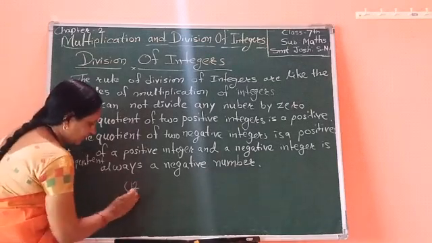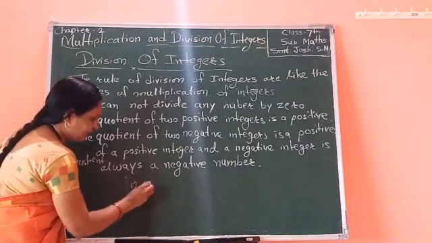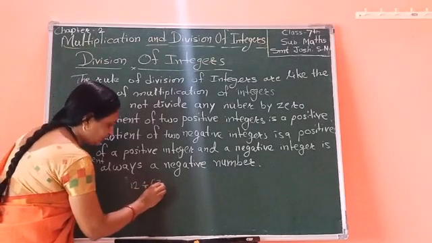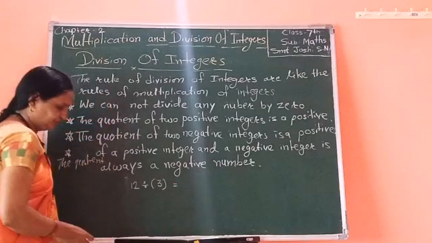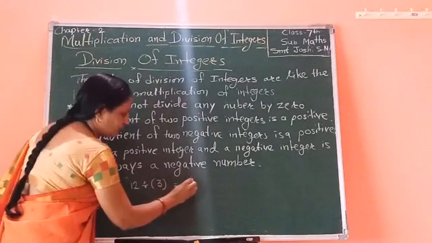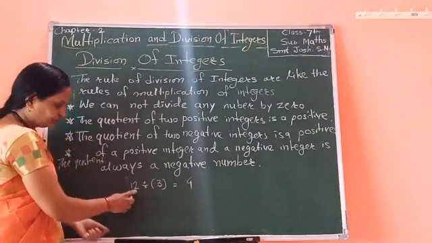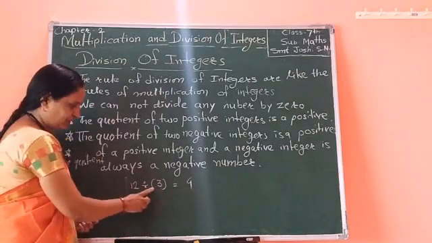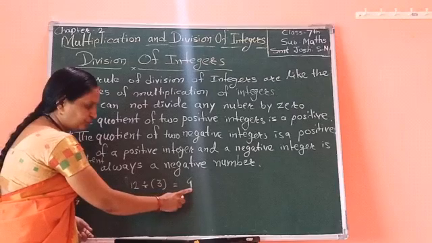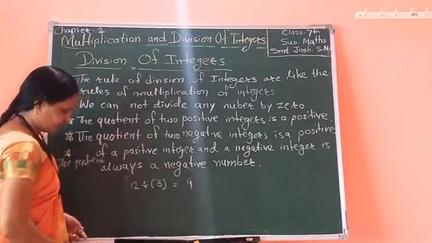See, 12 divided by 3, the answer is 4. Here 12 is positive, 3 is positive, so the quotient is positive.